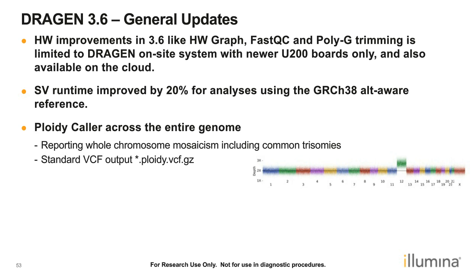And then another update that we have done is we're putting out this Ploidy VCF file. Basically, we have a Ploidy caller that is now across the entire genome. And so we're reporting the whole chromosome mosaicism, including the trisomies, and it's now output as a standard VCF file that you can look up.